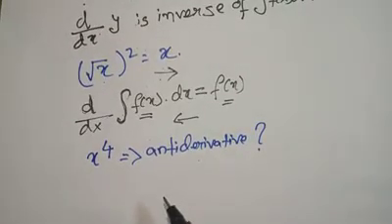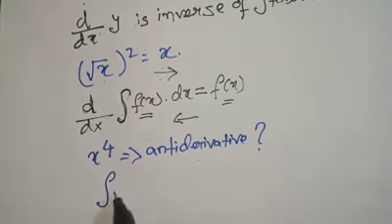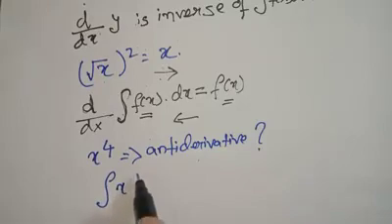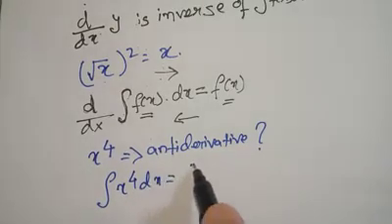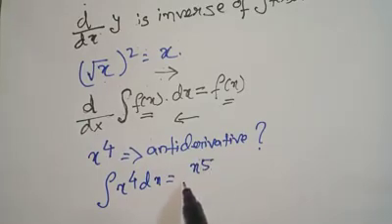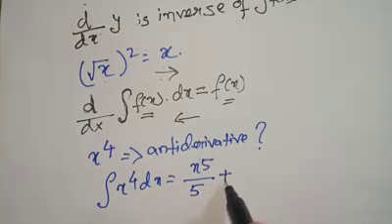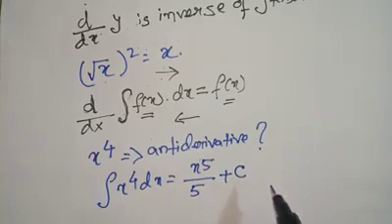How will I do that? I write the integral sign and integrate x to the power 4 dx, and what I get simply is x to the power 5 whole divided by 5 plus the constant c, right?